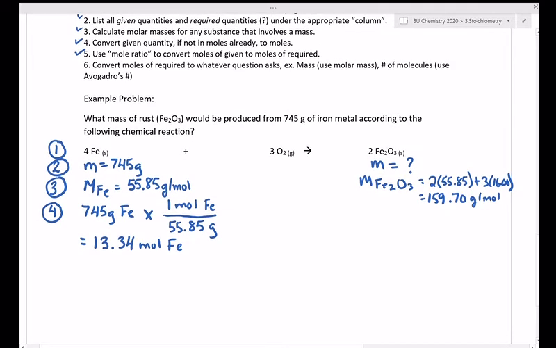So moving down, we will do that. So I want to get rid, oh, I should have actually slashed out those grams there too. We want to get rid of moles of iron. So we look up here, oh, it's 4 moles of iron. And we would like to turn it into moles of iron oxide.